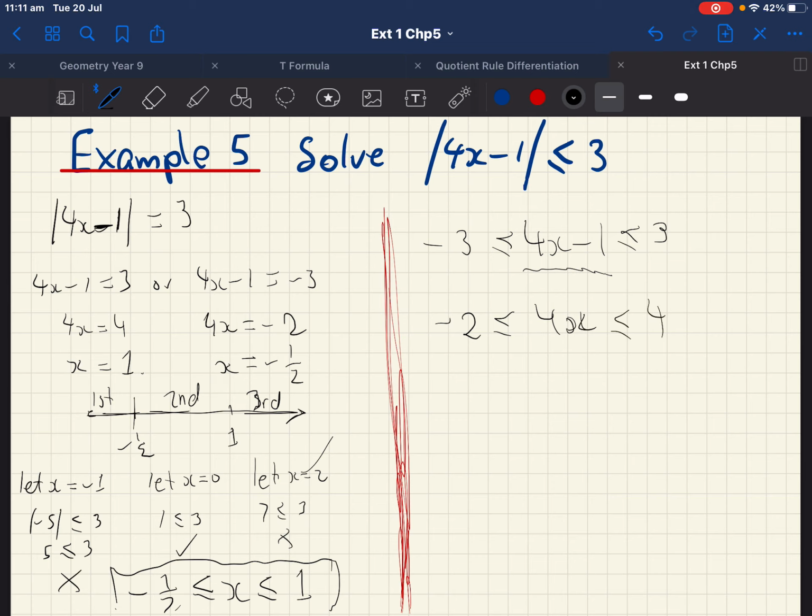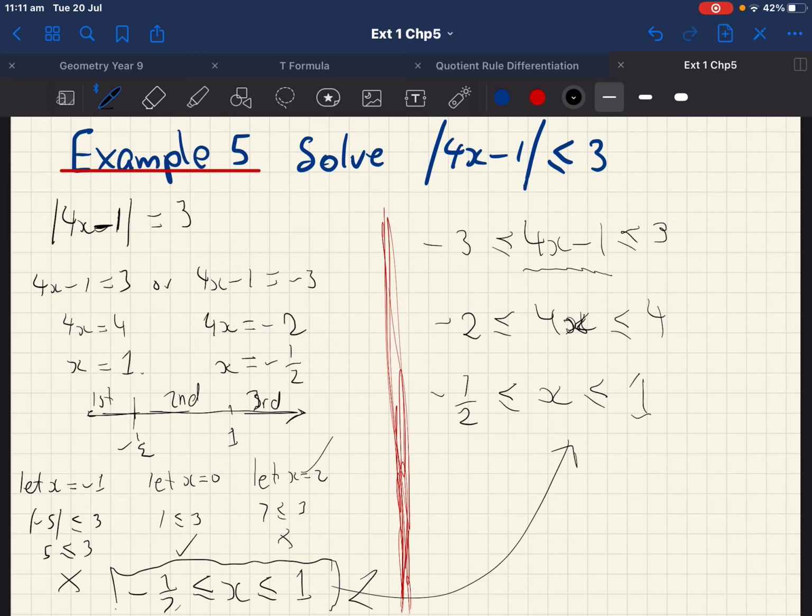Our final step to get x by itself is going to be to divide everything by 4. Divide this by 4, divide this by 4, and divide this by 4. You end up with the exact same solution in a far more efficient manner.